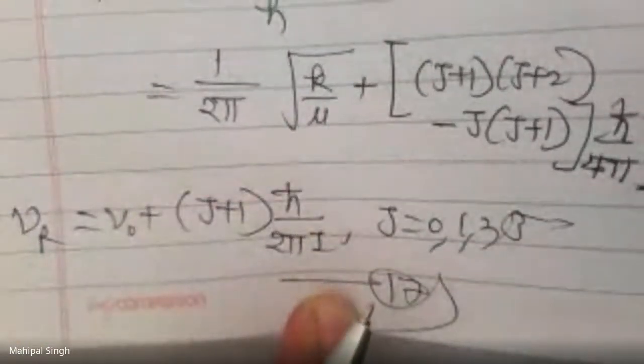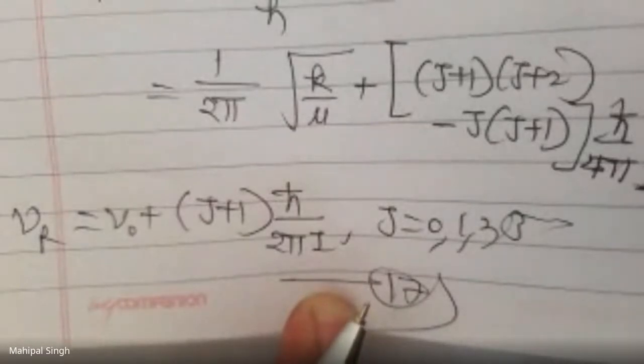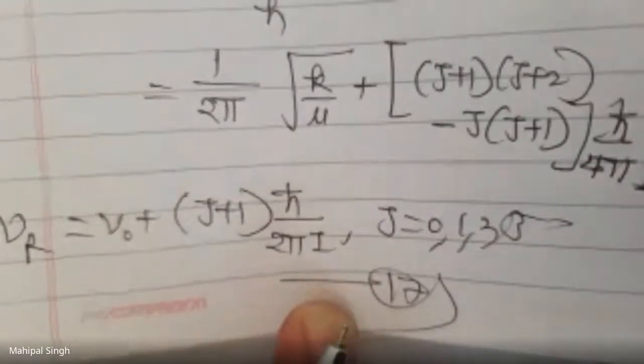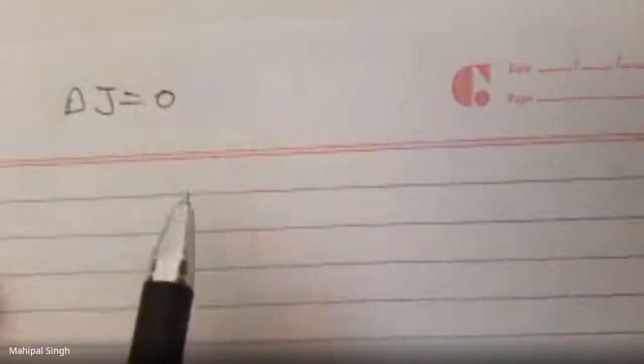In figure 22, we have shown P branch and R branch. There is no line at nu equal to nu 0, that is Q branch, because transitions for which delta J equal to 0 are forbidden in diatomic molecules.